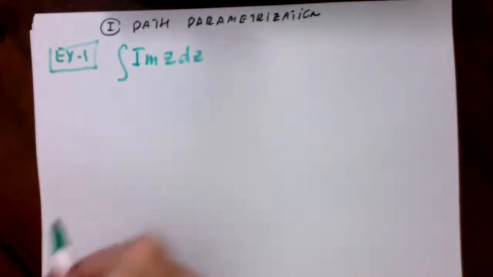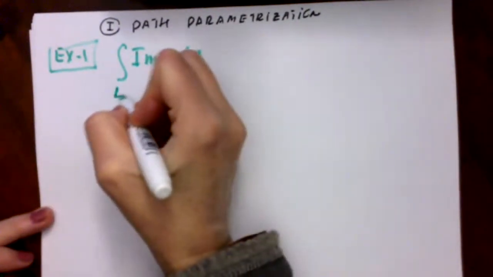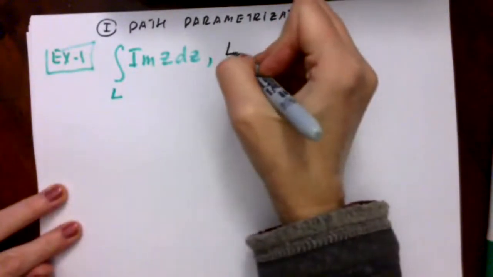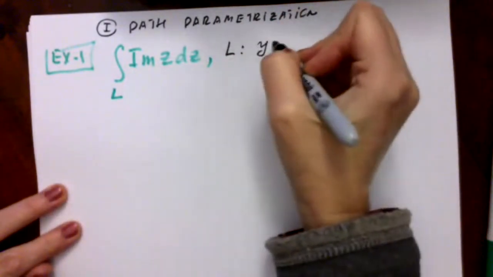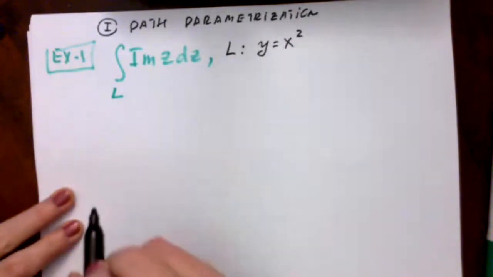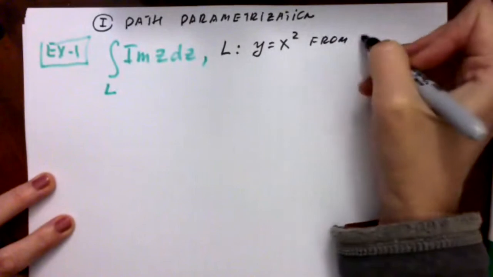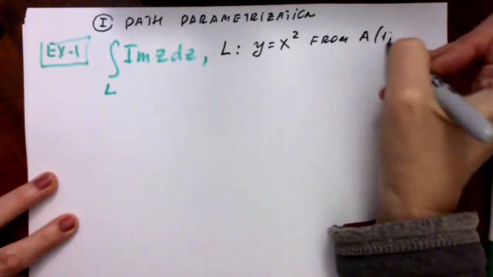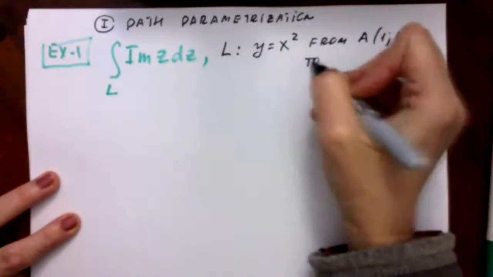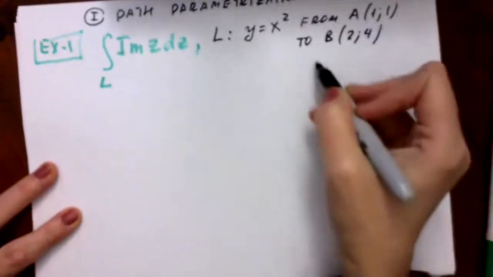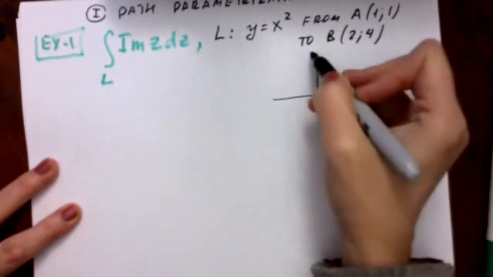So that's how my integral looks like, where L is a given path, where L is actually this section of the very well known parabola, from point A with coordinates 1, 1 to point B with coordinates 2, 4. We can even draw a little picture.